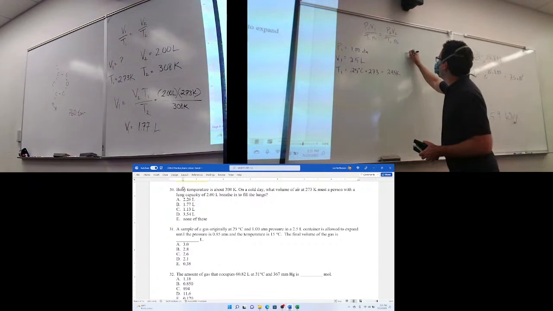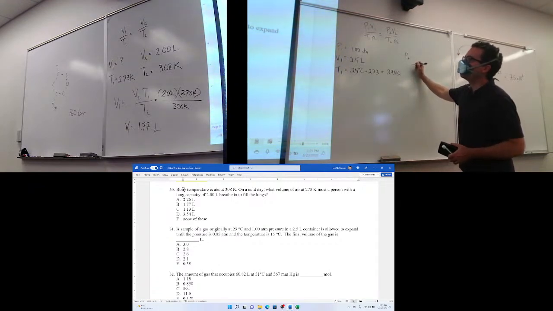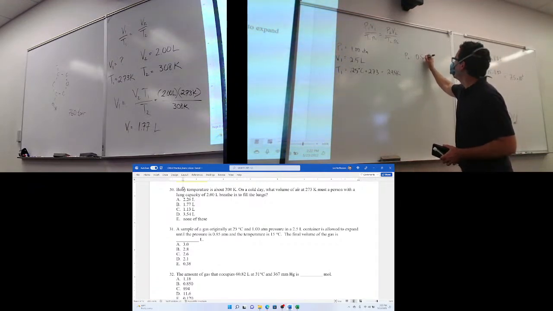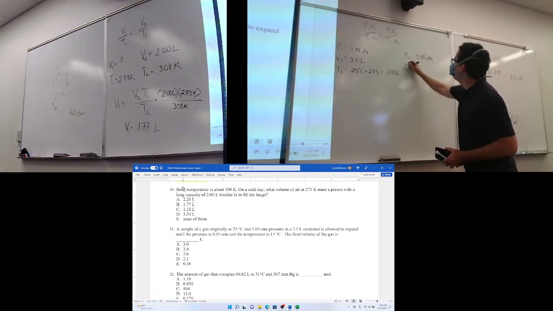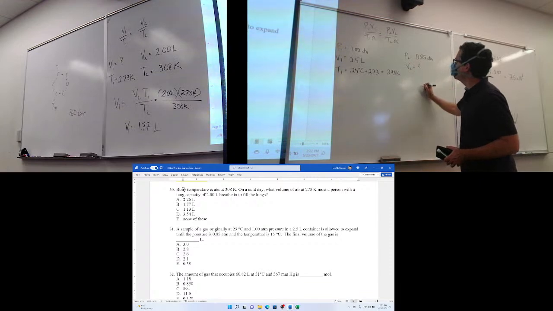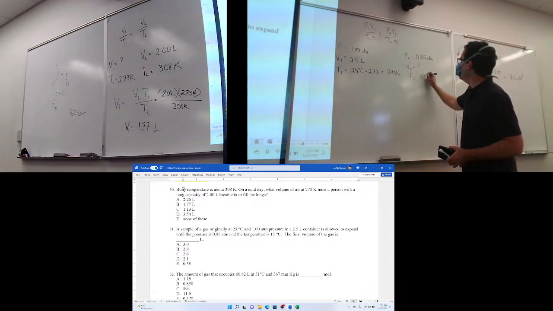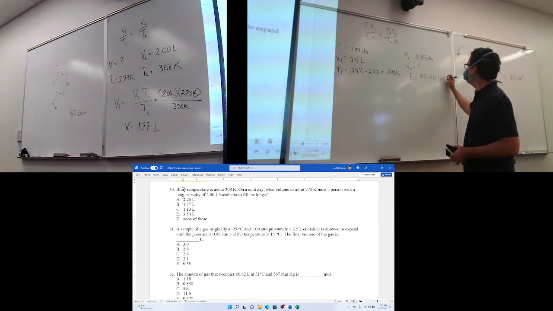So P2 is 0.85 atmospheres. V2 is what we're calculating. And T2, 15 degrees C. So that's going to be 288 Kelvin.